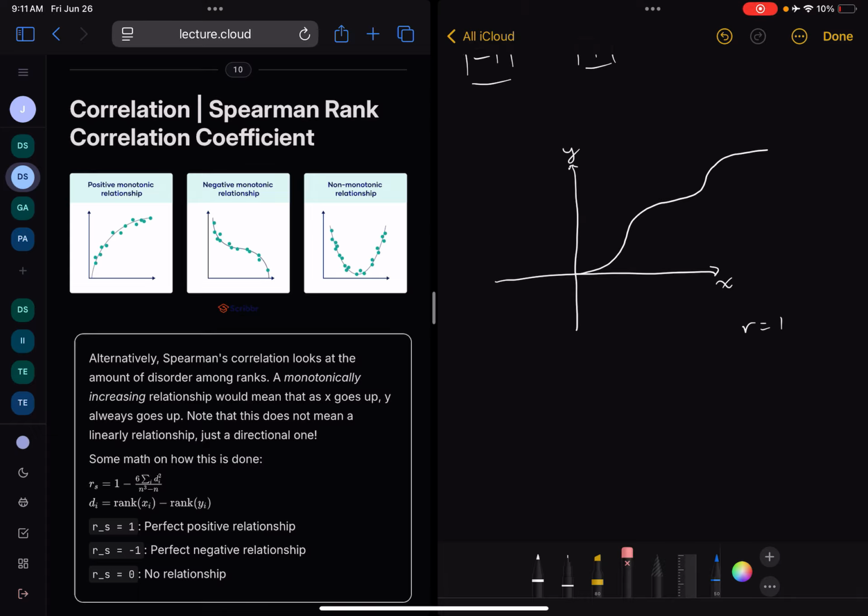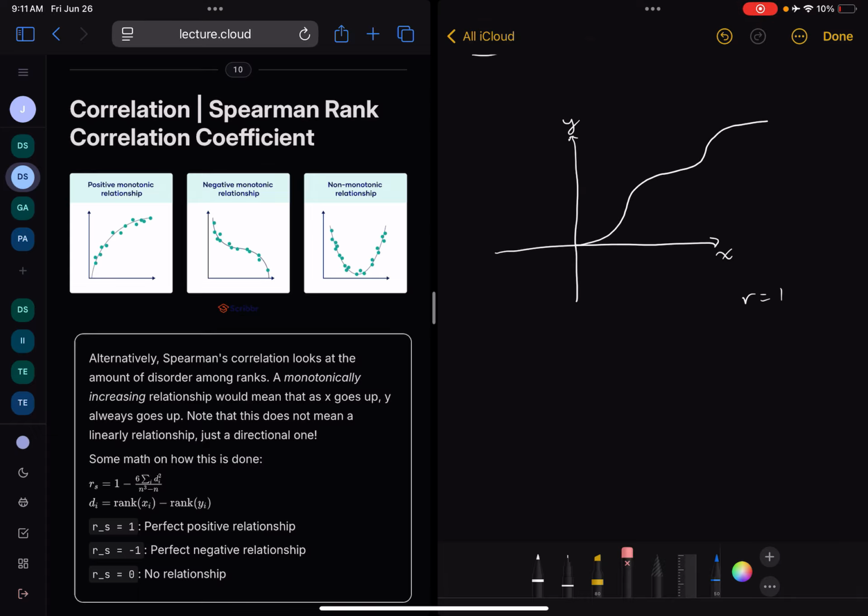Spearman's will actually look at the rank of each measurement of x and each measurement of y. And it will say, as long as you are increasing in x and also increasing in y, we're going to say that's great. Let's put this into context a little bit.